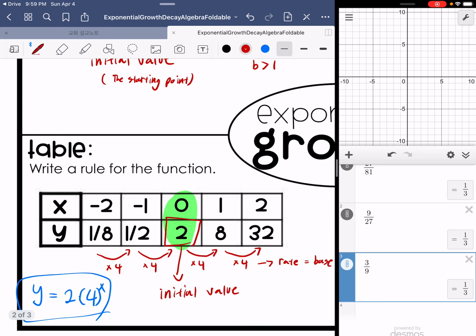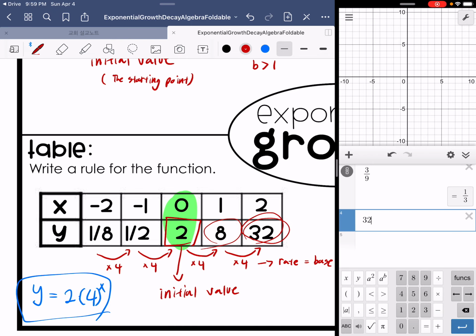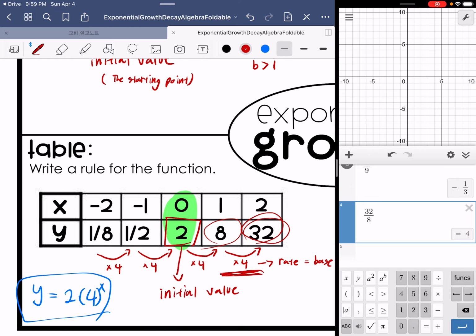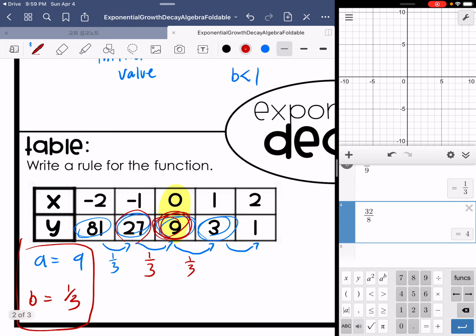For the exponential growth equation, it's the same thing. If you look at the second number divided by the first number, like 32 divided by 8, you will get 4. Do you see this 4 we got here? So it works all the time, all right?